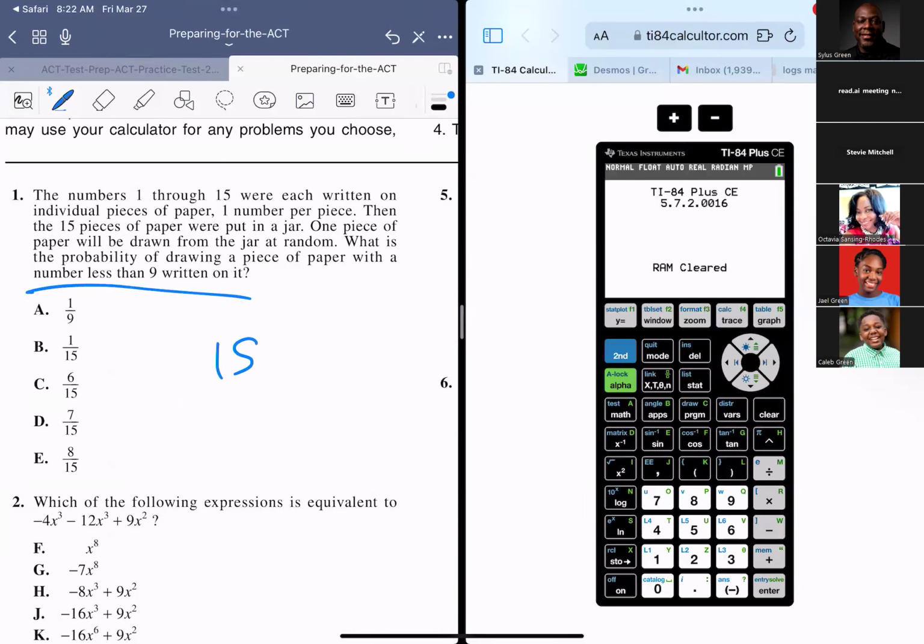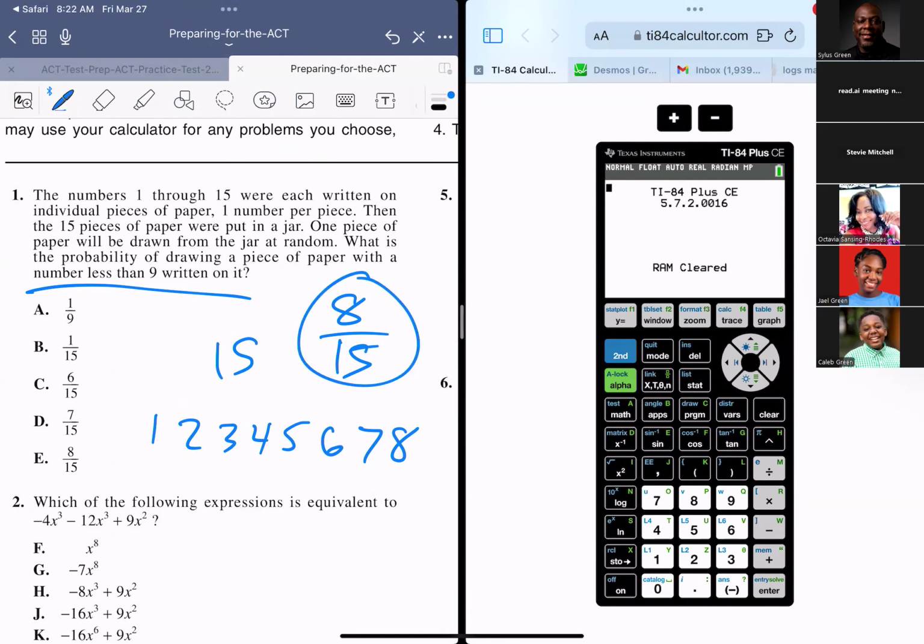So how many numbers are there less than 9? There's 1, 2, 3, 4, 5, 6, 7, 8. So you have an 8 out of 15 chance, since there's 8 numbers less than 9 that you can draw. So 8 out of 15 is the answer for this one. So it's E.